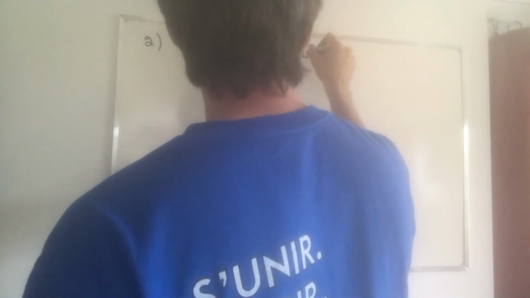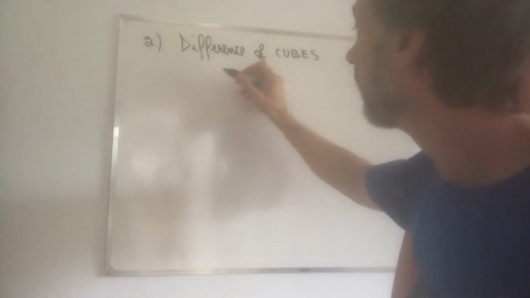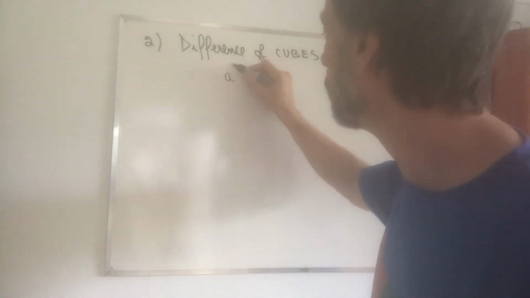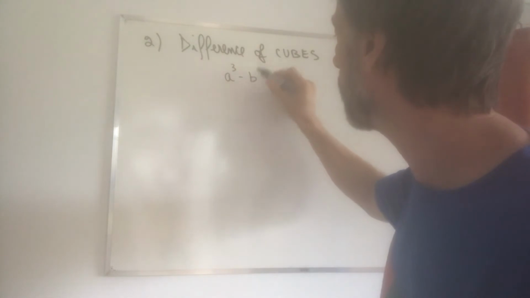So difference of cubes. Second case. Difference of cubes. As the word suggests, this is when I have a cube minus a cube. So the formula here is a cube minus another cube.